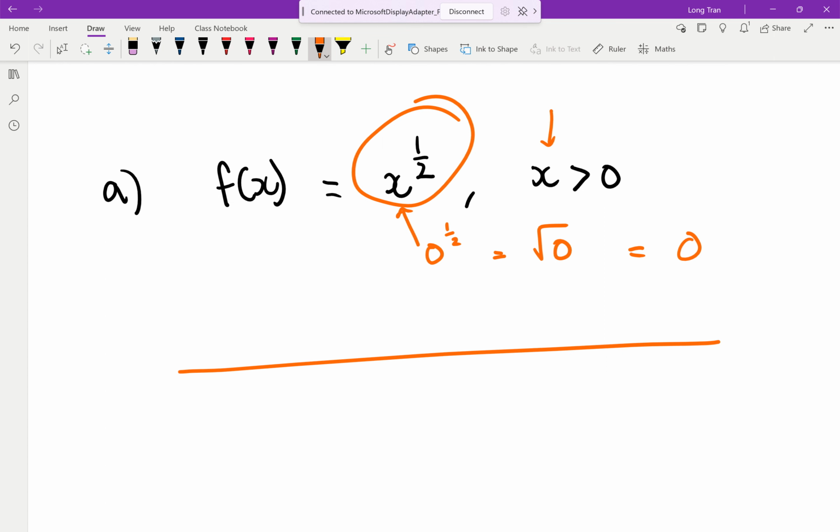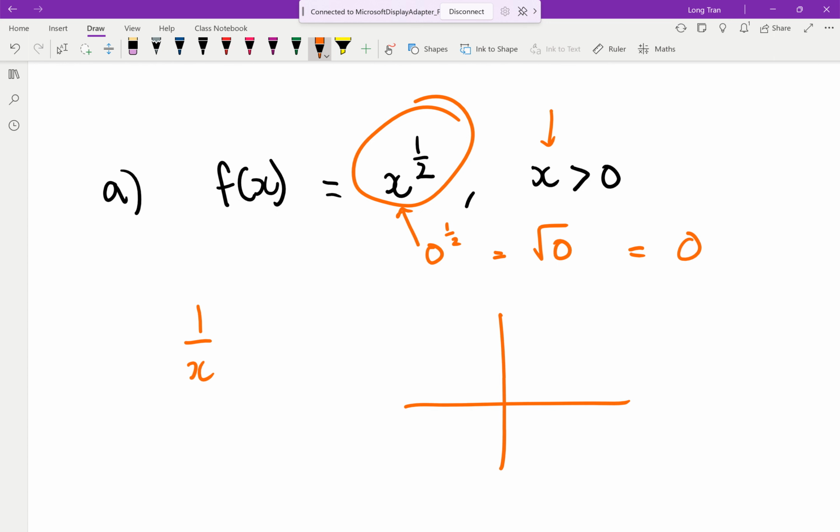So that's why they put a condition there. They're saying x can't be 0. This is kind of like your graph 1 on x. If I asked you what's the domain for this graph, you would know the graph is a rectangular hyperbola and there is no value here. So you can't have x equals 0. Same thing here. If x equals 0, the graph doesn't exist.